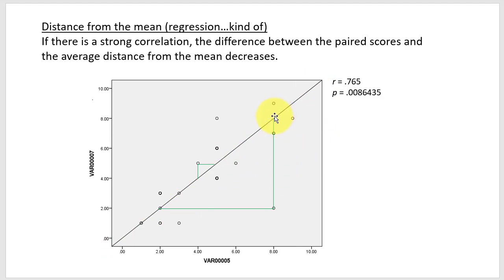And we do that by looking at how far each ordered pair is away from this line that represents kind of the mean here. So if I have some scores, and these are kind of just random scores, I can see that the green line that goes between the ordered pair that looks like it's at 8 over and 2 up, if I look at that ordered pair, I can see that it is quite a long ways away from kind of the mean of these data points.